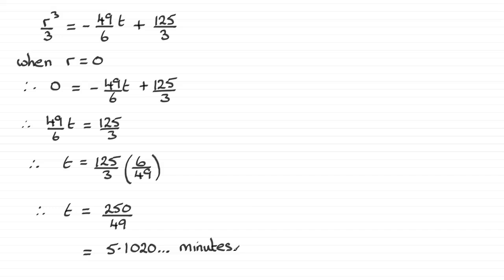Now we're being asked to give this to the nearest second. So we know we've got 5 minutes. It's just a question of converting 0.1020 and so on to seconds. So I could take the 5 off if you've got this displayed on your calculator. That will leave me with 0.1020 and so on, and multiply that result by 60.